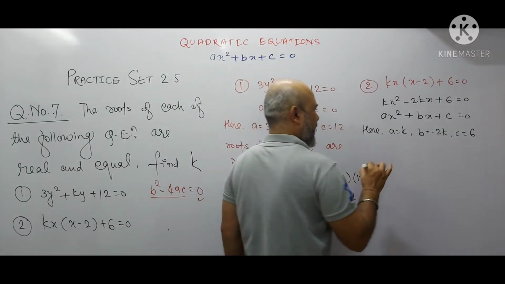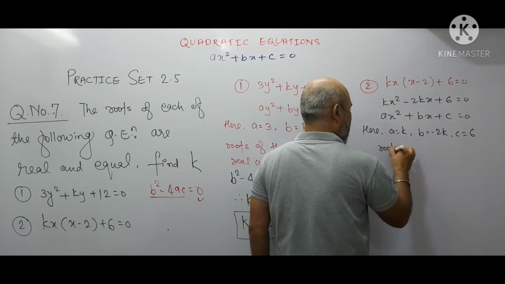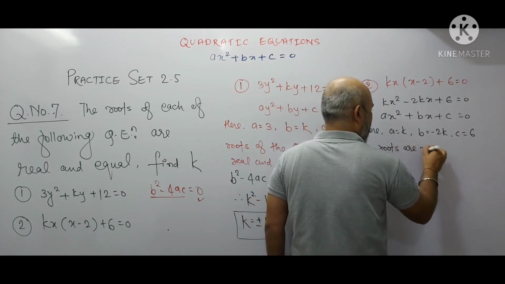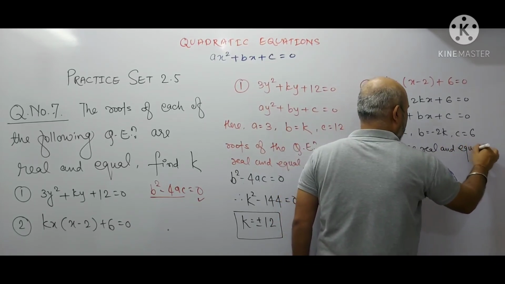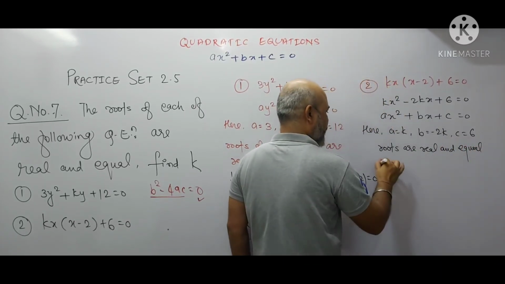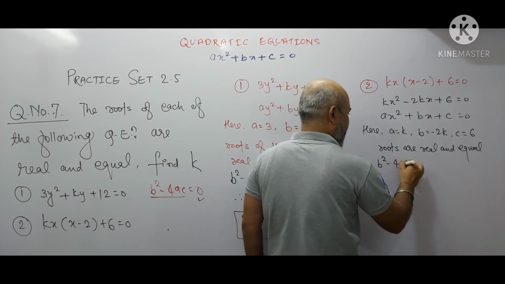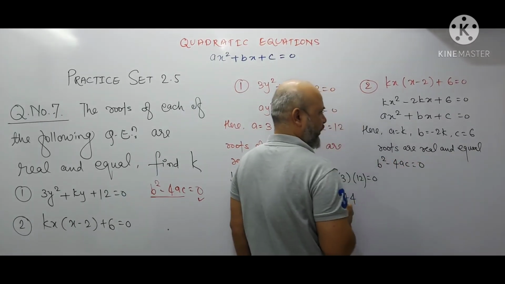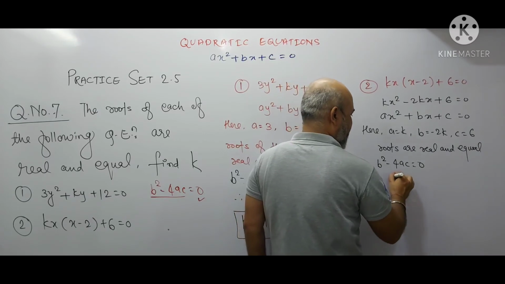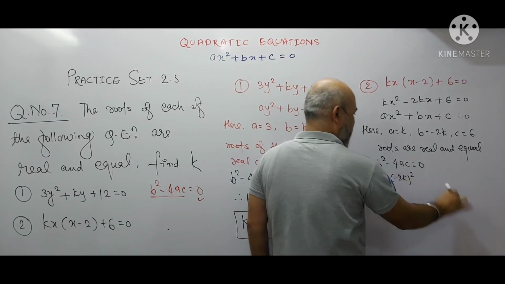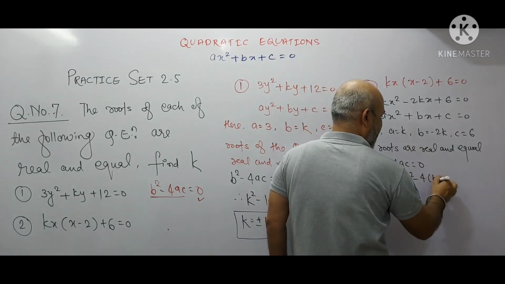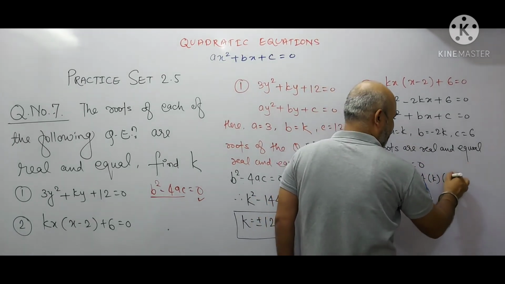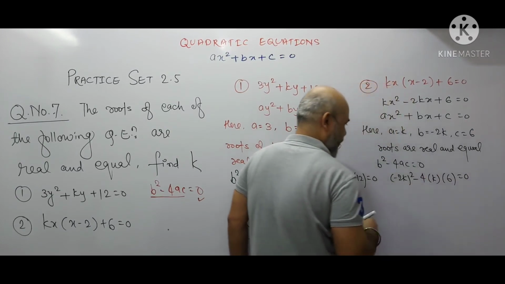As the roots are real and equal, the value of b square minus 4ac is equal to 0. What is b? b is minus 2k, the whole square, minus 4. What is a? a is k. And what is c? c is 6. This is equal to 0.